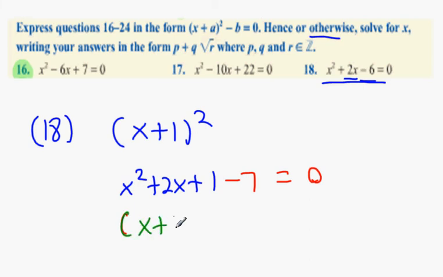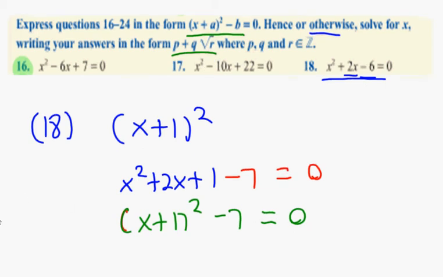We're going to have (x plus 1) squared minus 7 equals 0. Is that in the right form? Yes it is.